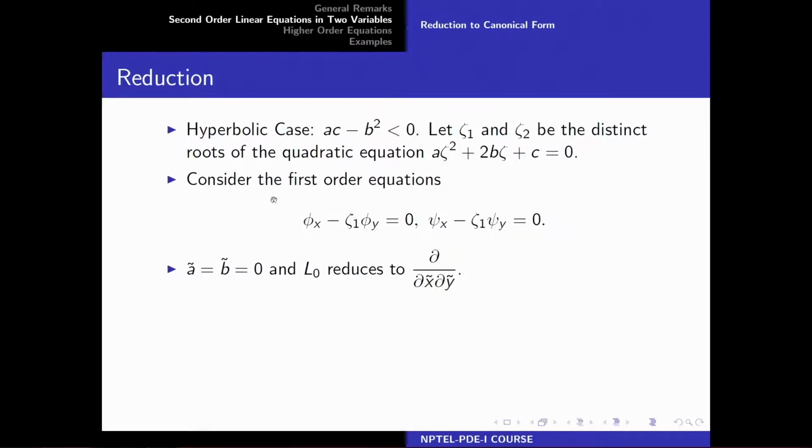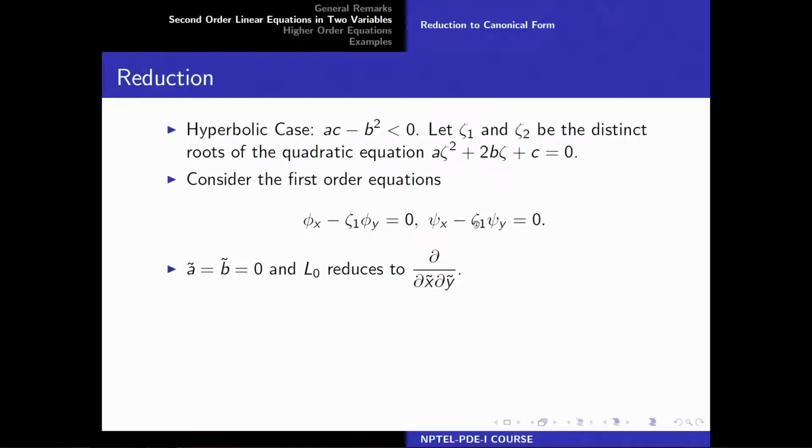So, as I said, we can choose phi x by phi y equal to zeta 1 and psi x by psi y equal to zeta 2. I am sorry for this, this should be zeta 2.